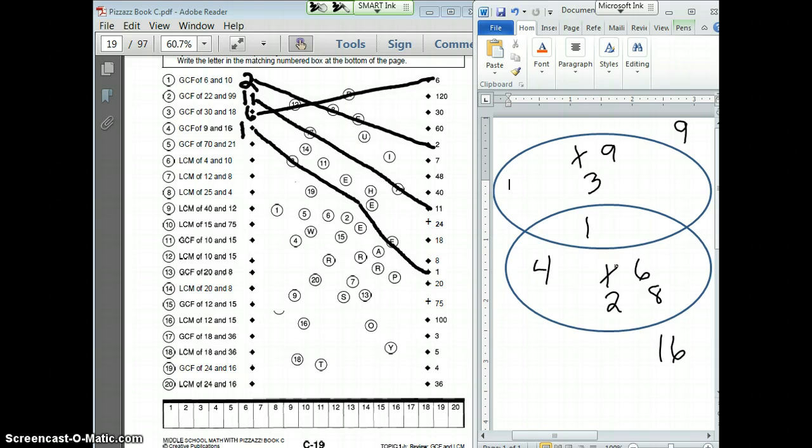Next, greatest common factor between 70 and 21. 70, 21.